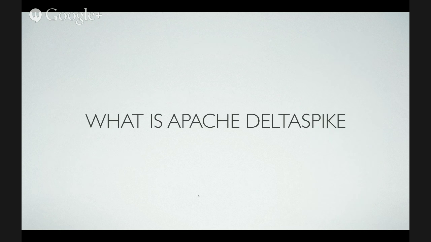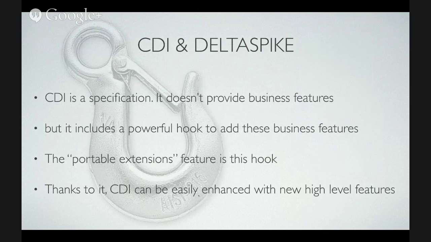So let's start with the definition of DeltaSpike. So DeltaSpike project is related to CDI specification. In fact, CDI is only a specification. It provides a way to define dependency injection, eventing, and things like that. If you have been at the presentation in December, you know all the stuff about that. But CDI doesn't include business features or high-level features.